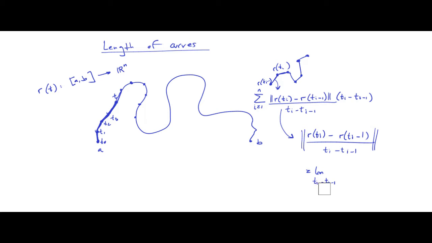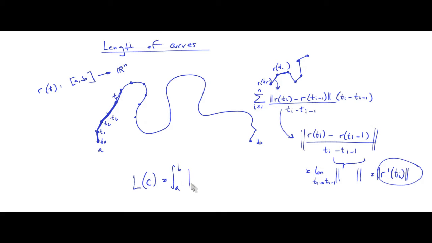Don't worry too much about that. The limit of this thing is the norm of the derivative of r at ti. So what we are integrating to get the length of a curve is the integral between a and b of the norm of the derivative of r at the point t.